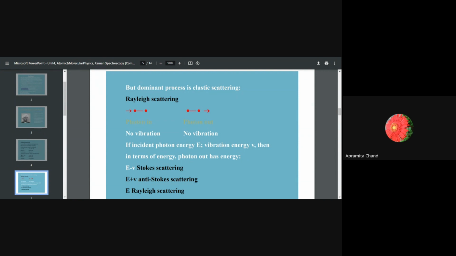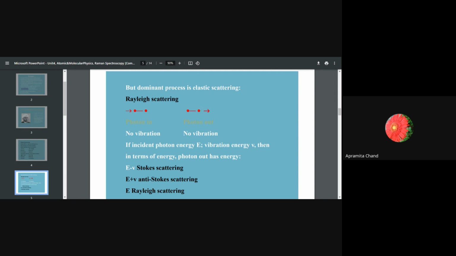And if we have the incident photon energy as E and the vibration energy as V or nu, then in terms of energy, the photon that is coming out will have energy either E, that is Rayleigh scattering, which means the energy of the incident photon will be equal to the energy of the outgoing photon, and there will be no loss or gain.